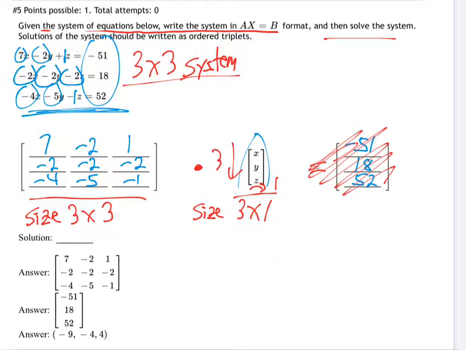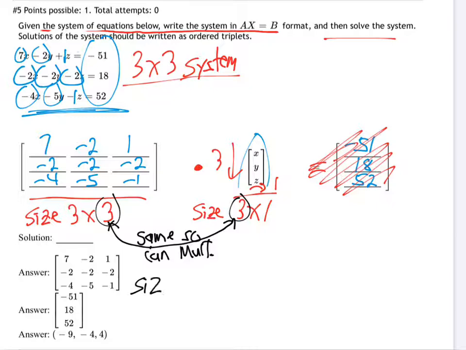So if I was to multiply these two matrices, would it be okay? How do you know when you can multiply two matrices? If the two inside numbers are the same, you can multiply. As long as the two inside numbers match, you can multiply.